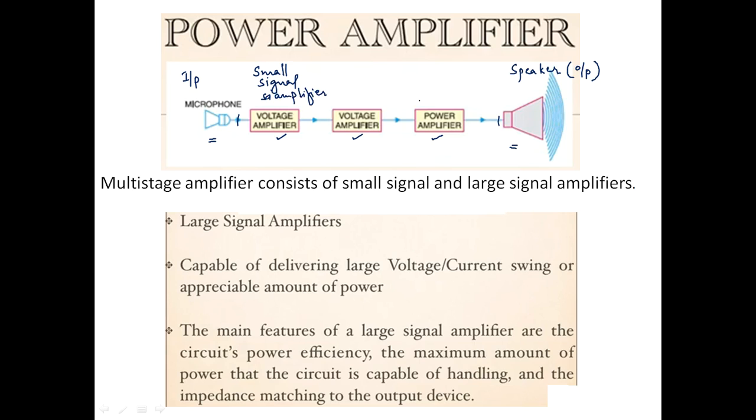However, at the output side, especially where there is a requirement for high output power, we usually go for high power amplifiers. Here you can clearly observe that a high power amplifier is being used at the output stage, and these are large signal amplifiers.